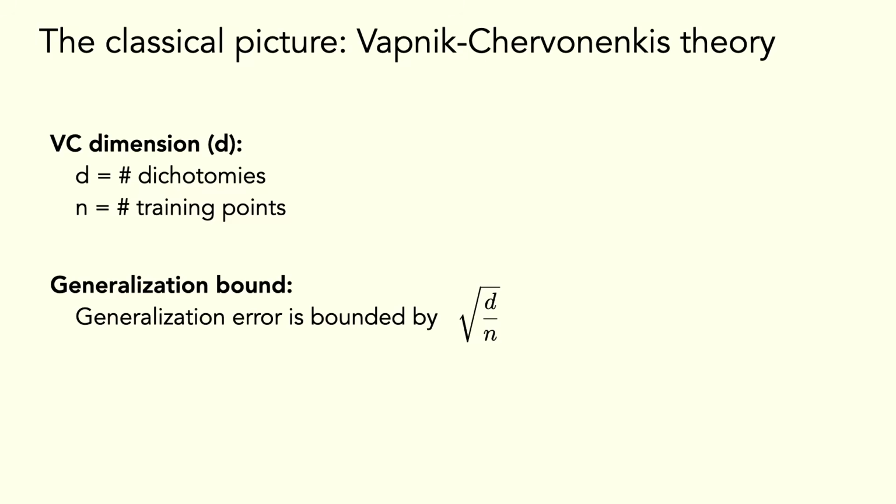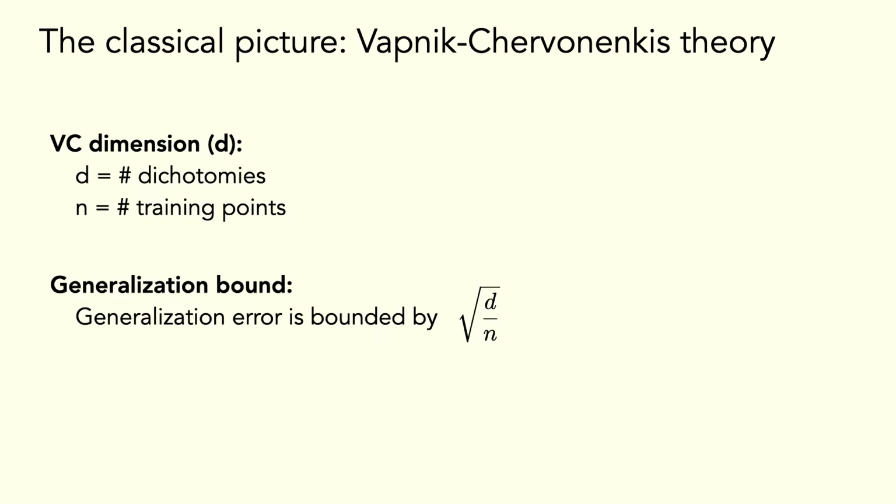And you can prove under some assumptions this generalization bound, that the population risk will be bounded by something related to the square root of d over n. So if my model class can represent more dichotomies, can classify the training data in more different ways, then my generalization bound will increase, and I will not be able to say how well I'll do on the test data.